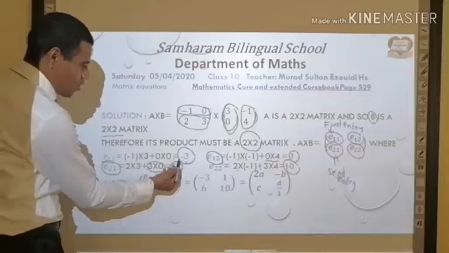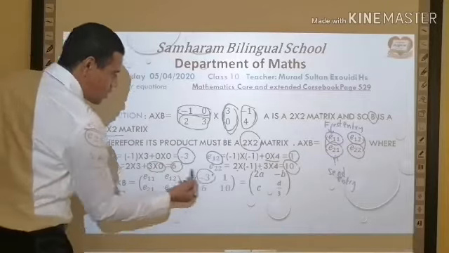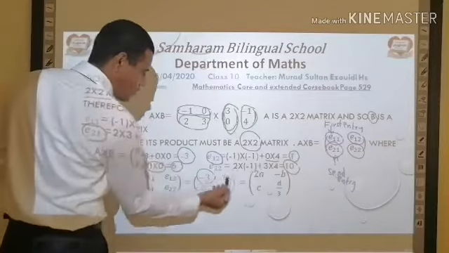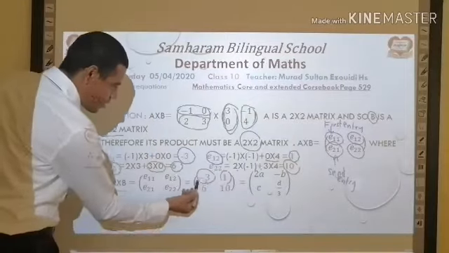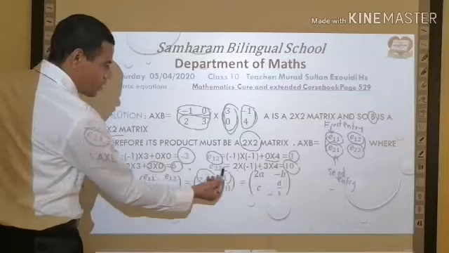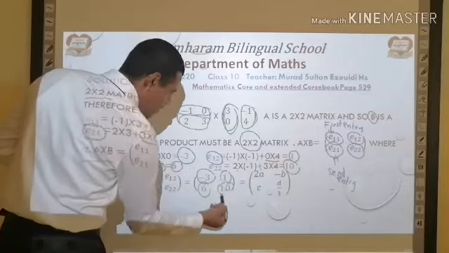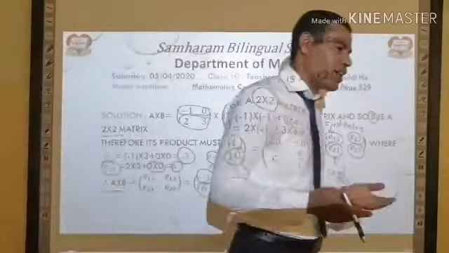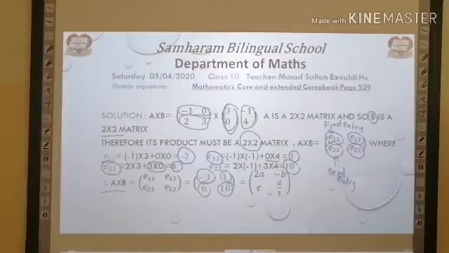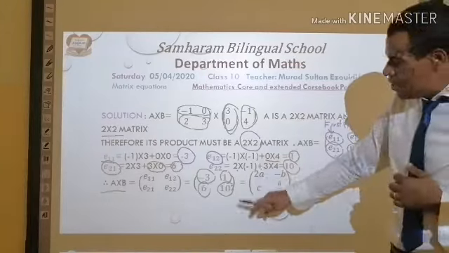It is -3, then 1, then 6, then 10. So the purpose of this question, my kids, is to find A, B, C, and D.